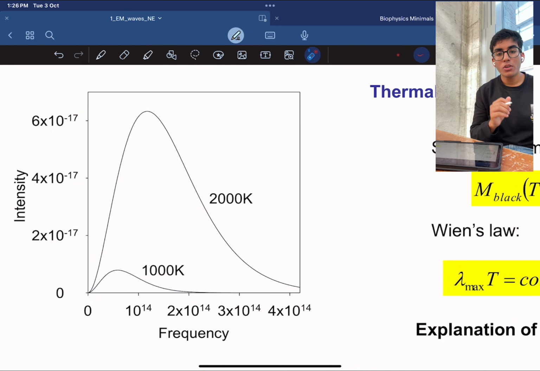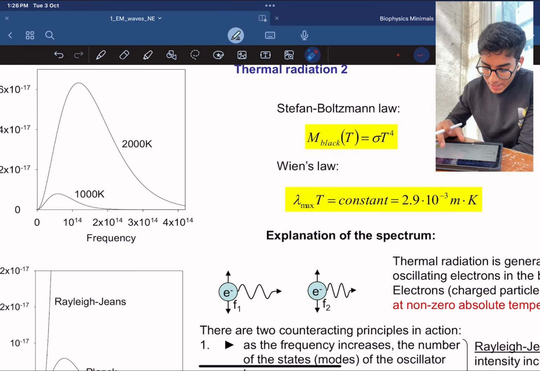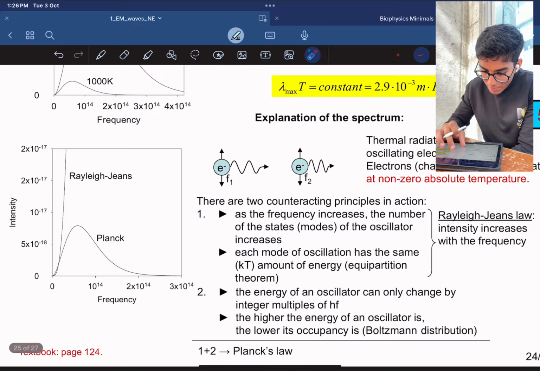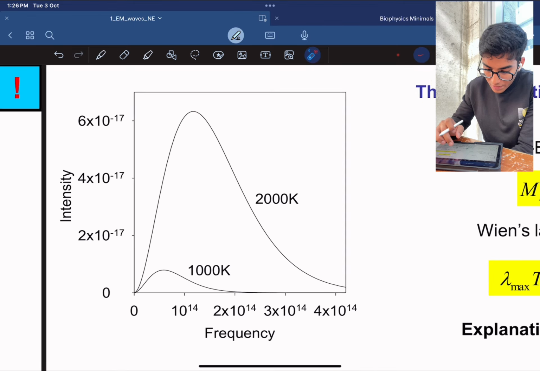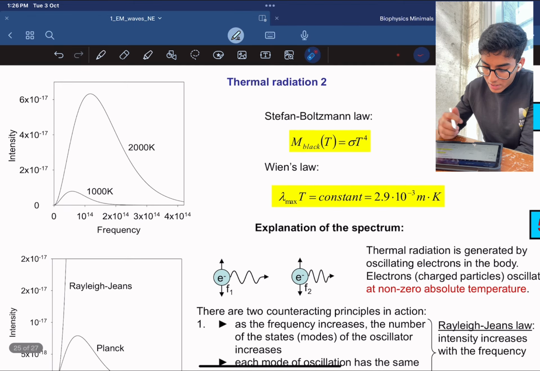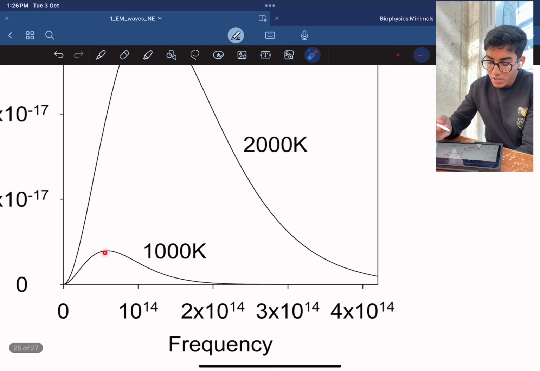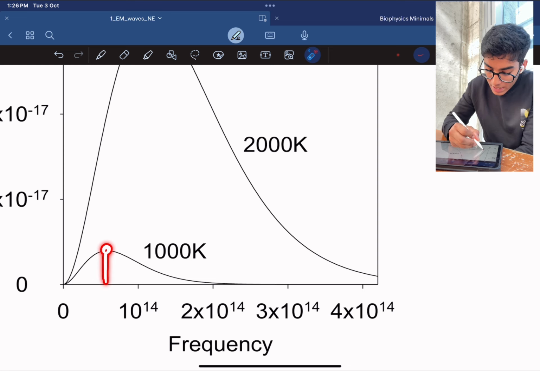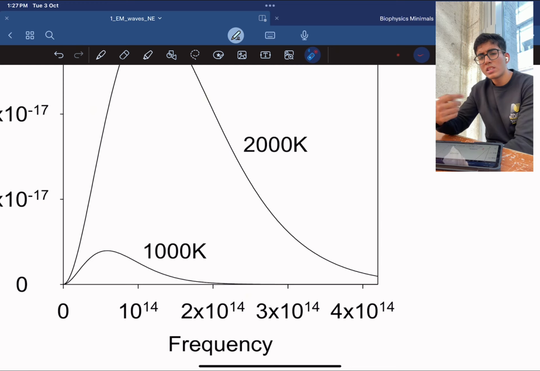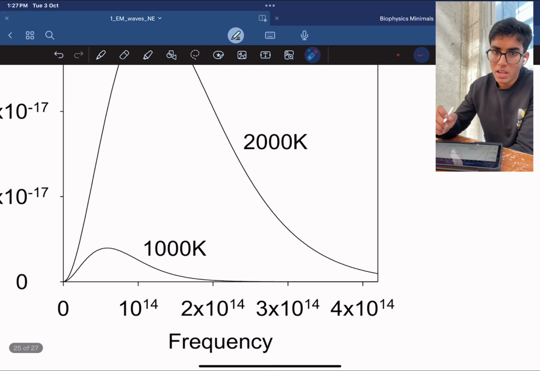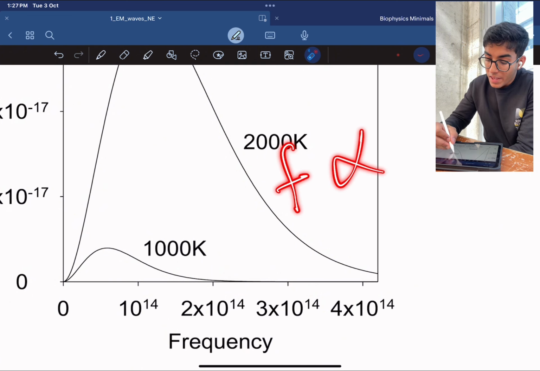So what am I trying to say with this? Over here, it says frequency and intensity. You can see this is 1000 Kelvin, which is definitely lower than 2000. At 1000 Kelvin, the highest peak that emits is here. Frequency is in what relation with wavelength? I've asked this so many times.